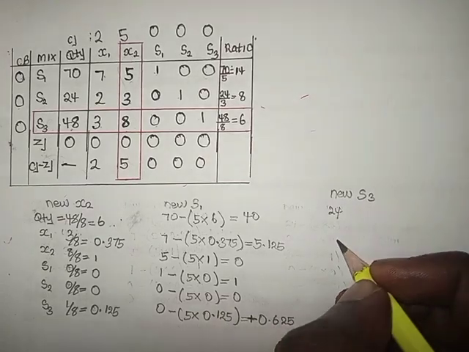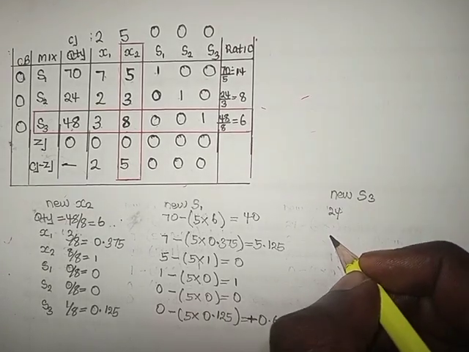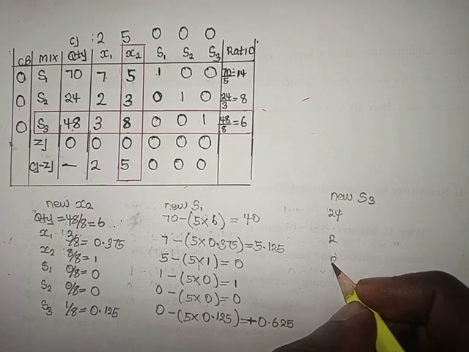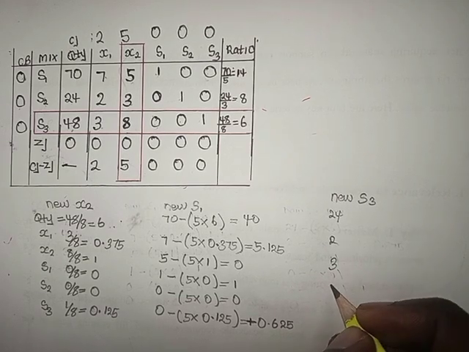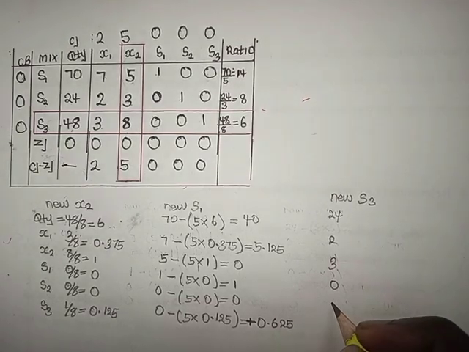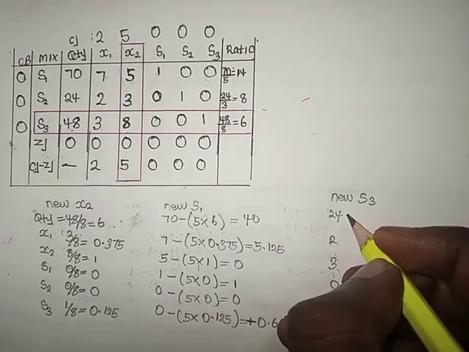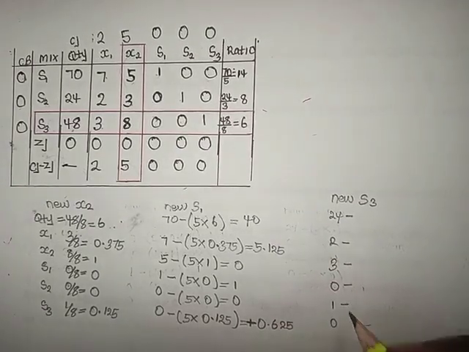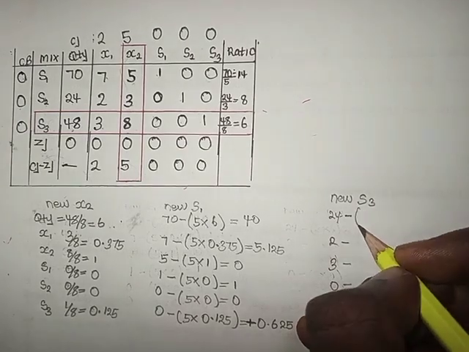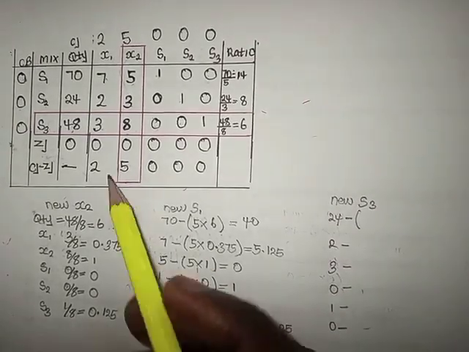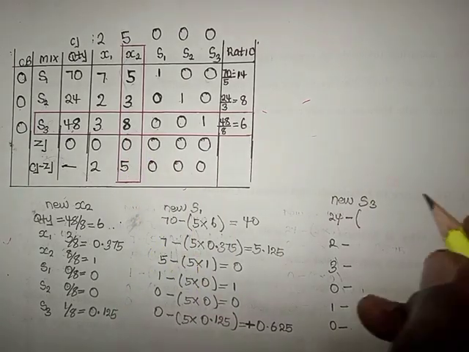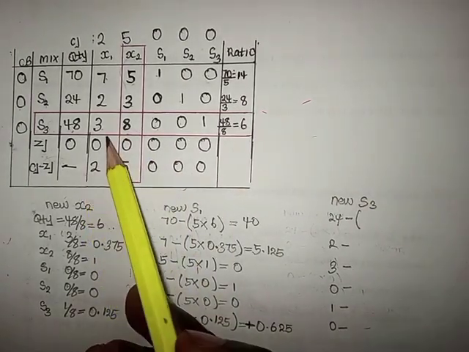The old value there for quantity is 24, then 3 for X2, 0 for X1, 1 for S2, and 0 for S3. So don't forget your negative sign, minus, open the bracket of the key element of that particular rule, which is 8.